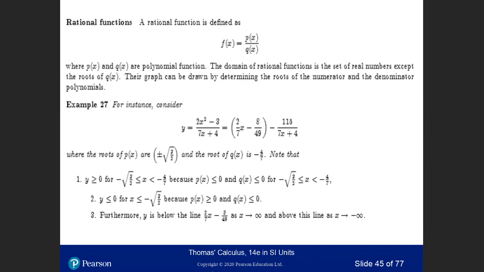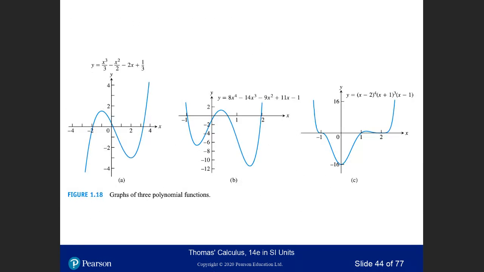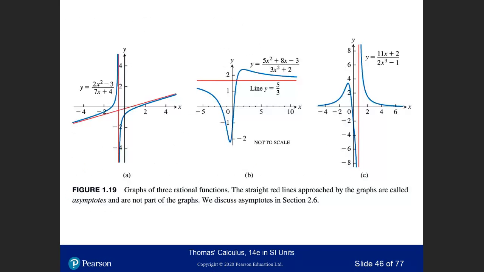And so at minus 4 over 7, the function is not defined. As you see here, this point is minus 4 over 7. So when you approach minus 4 over 7, your function grows too much because the denominator becomes very, very small.